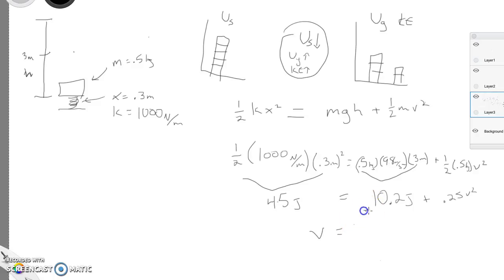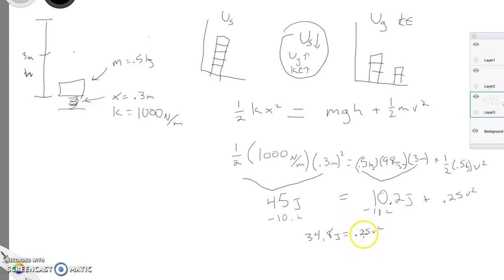To do this, you'd subtract 10.2 from both sides. So 45 minus 10.2 is 34.8. So you get 34.8 joules equals 0.25 v squared.